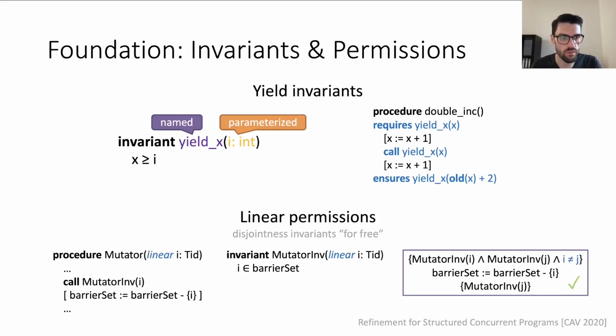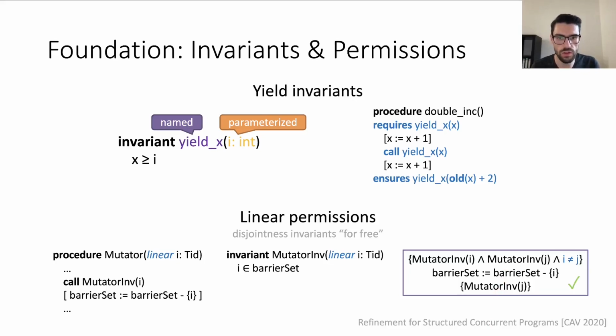Instead of baking in thread identifiers, Civl actually provides a much more general mechanism of linear permissions. However, here in this example, it is really just enough to annotate these variables to both the procedure mutator and the mutator invariant with linear, and this gives us this free invariant for our non-interference check that states that i and j are actually different, and so having this extra information, it is easy to discharge this invariant.